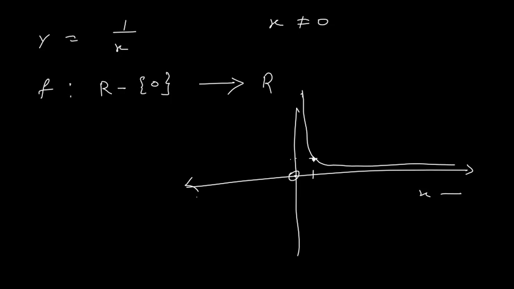On the contrary, if the value of x is less than 1, then as x is decreasing, the value of the function is increasing, so you will get something like this. In the same manner, we will get a curve on this side also. So this is the graph for y equal to 1 upon x.